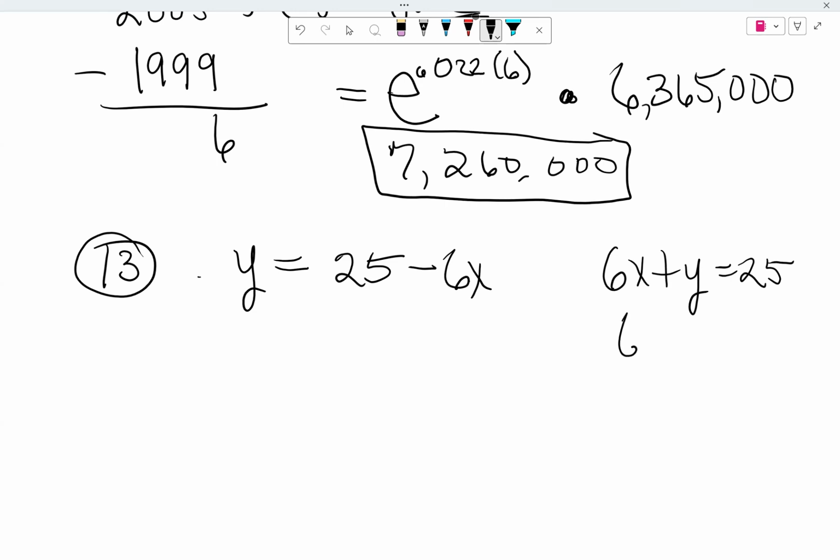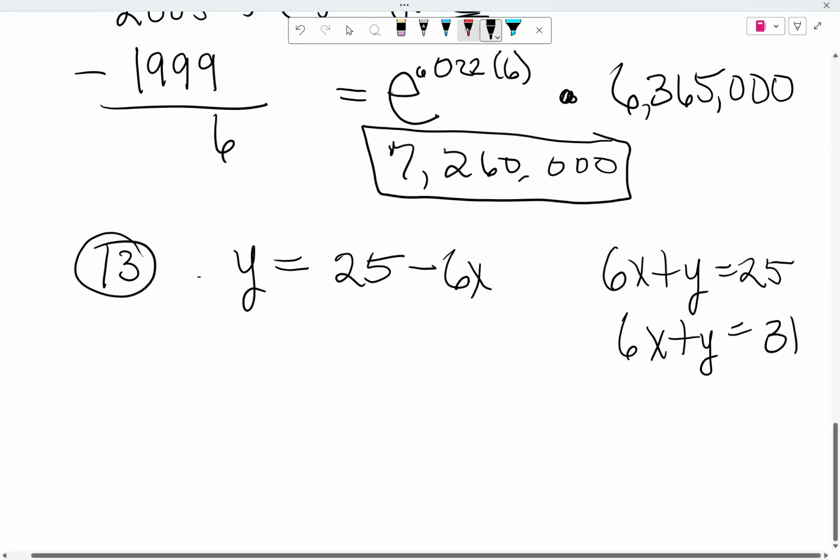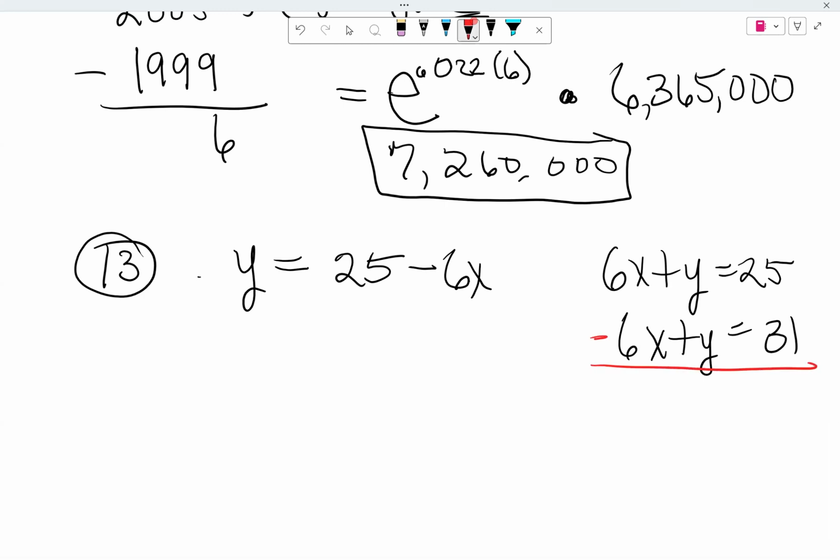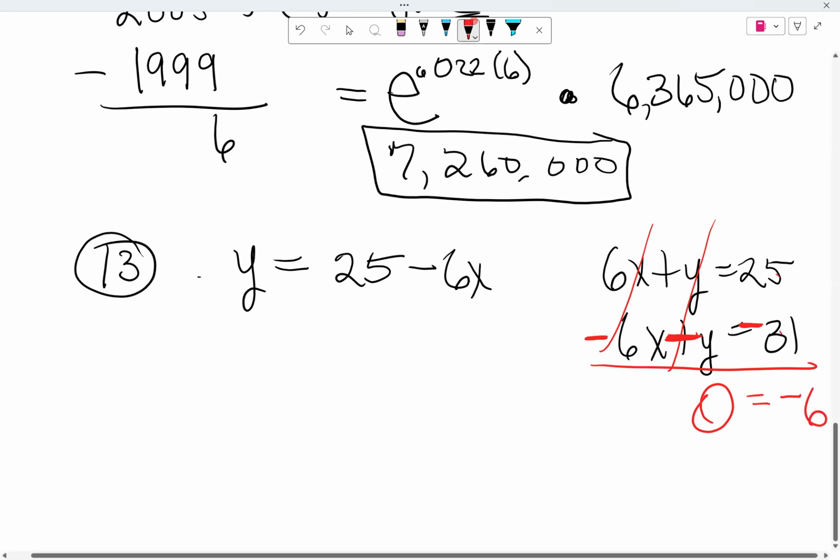Here you have the original 6x plus y equals 31. This is already given to you. So if I subtract one from the other, so if I multiply all of this by -1, I get negative 6x, negative y, negative 31. So that cancels and that cancels, and I end up with a big old 0 equal to some number, in this case, -6.